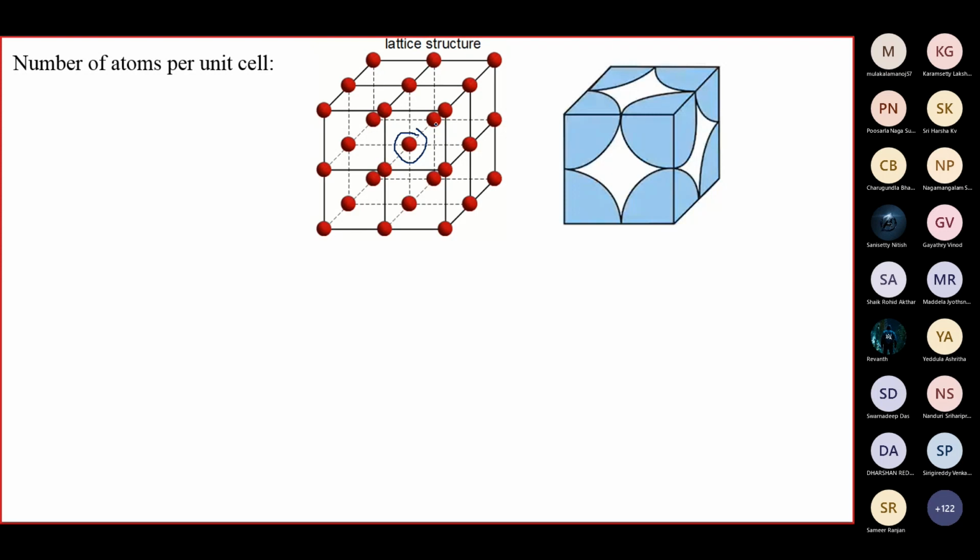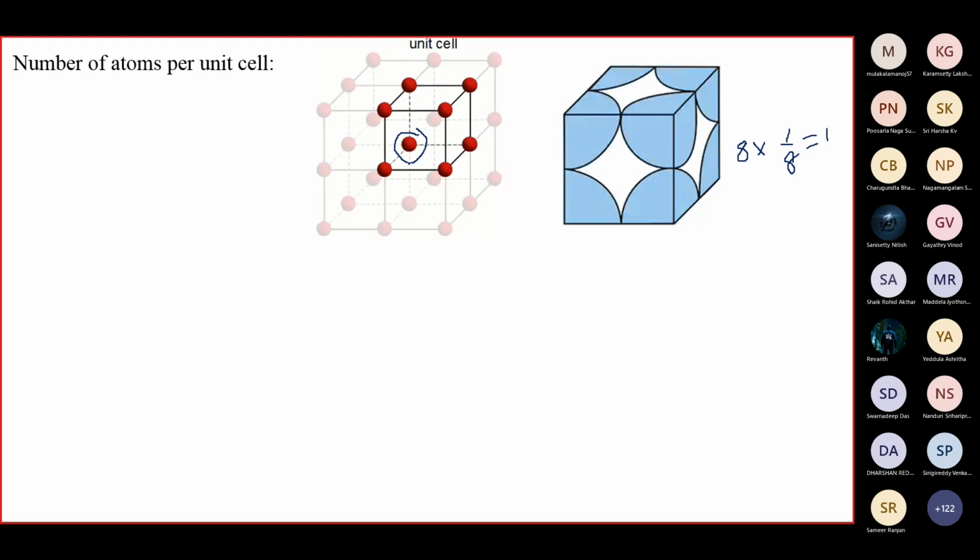See here, 1/8 is contributed by each of the atoms, so the total is 8 into 1/8. This turns out to be one atom in a simple cubic structure.